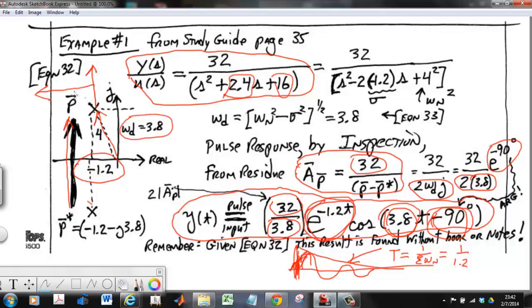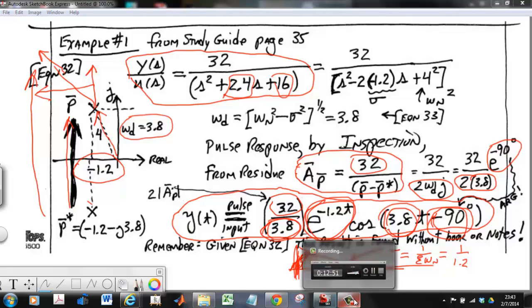If the poles move apart, then the residue of the pole will decrease, because we're looking at the line drawn like so. So if the poles move apart, then the residue, or this number in the denominator, will increase and reduce the magnitude of that pole. This kind of gives you an idea of how this stuff works.